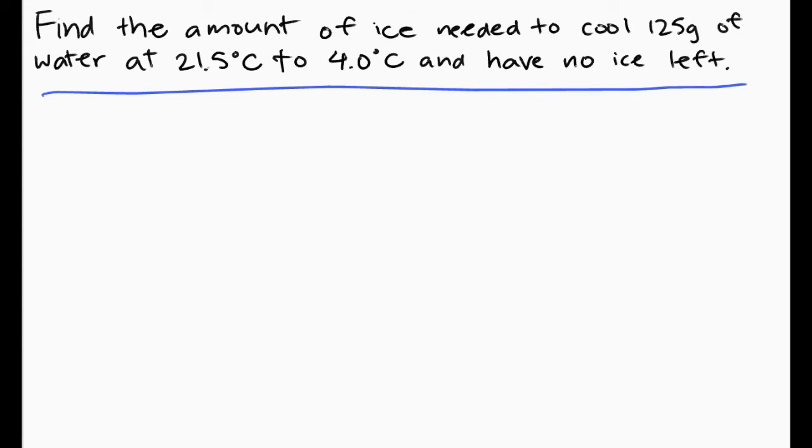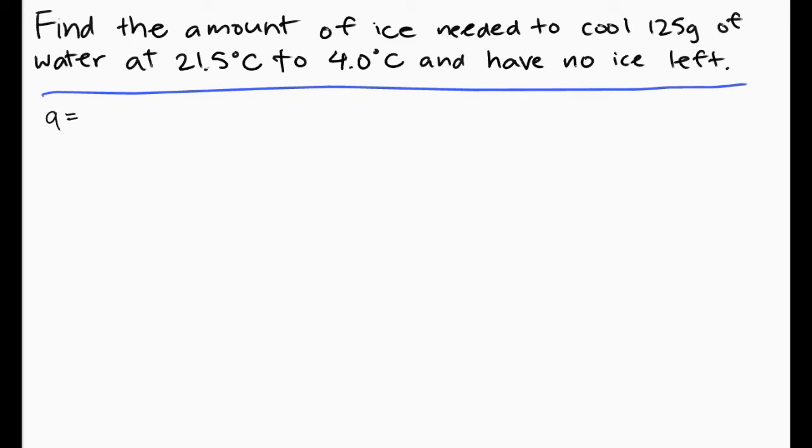Okay, so now let's go on to the last problem in this video. It's a different kind of phase change problem. So find the amount of ice needed to cool 125 grams of water at 21.5 degrees Celsius to 4.0 degrees Celsius and have no ice left. So let's start by writing down our equations.